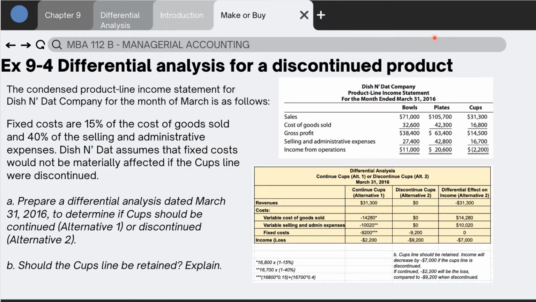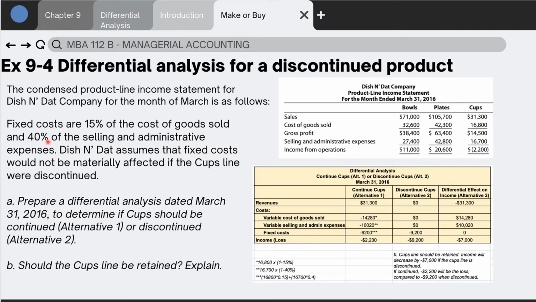In order to obtain that, based on the problem, fixed costs are 15% of the cost of goods sold. So cost of goods sold is $16,800, and then the formula is $16,800 times 1 minus 15%, which would be 85%. So that is $14,280.